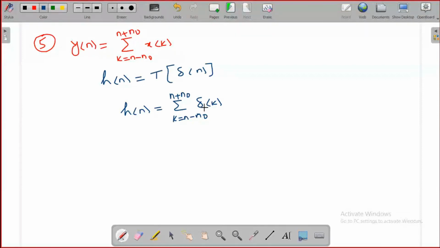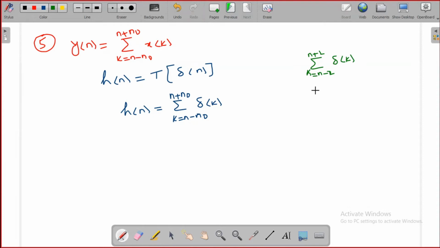Now tell me, I'll give an example for the known terms. So n value, let's take from n minus 2 to n plus 2 del of k. Okay, for easy understanding purposes.